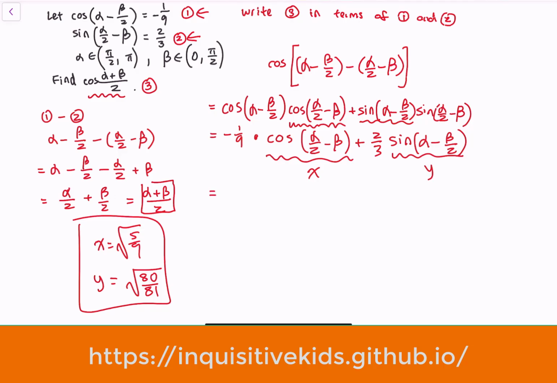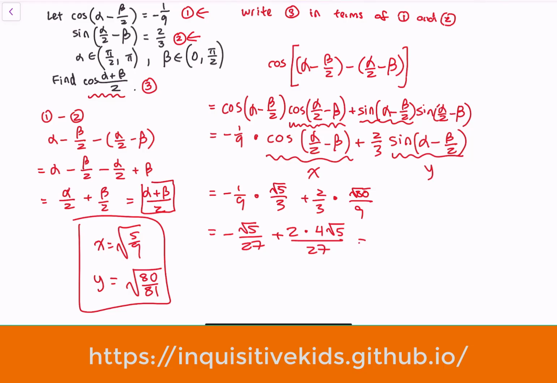Now we can substitute. We have negative 1/9 times square root of 5 over 3 plus 2/3 times square root of 80 over 9. We have negative square root of 5 over 27 plus 2 times the square root of 80. We can rewrite this as 2 times 4 times the square root of 5 over 27.